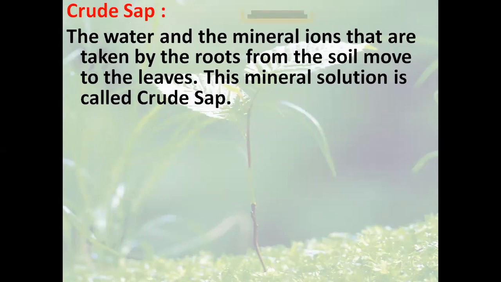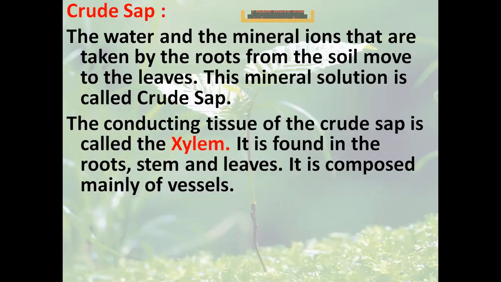These are taken by the roots of the plant from the soil. This solution moves in an upward direction, from the roots to the stem to the leaves. This solution is classified as the crude sap that contains water and minerals.